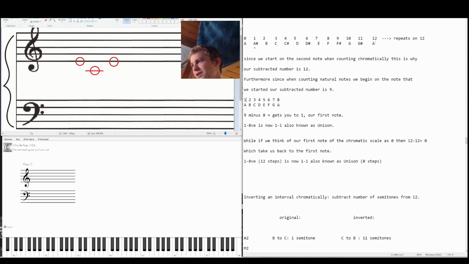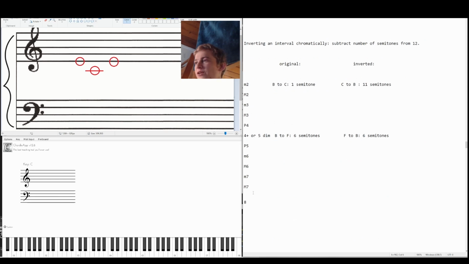As you can see, 12 is A, so we do 12 minus 12, that's going to take us back to the 0. So calling this 0 and calling this 12 is how we can make sense of this. So our octave, which was 12 steps, is now our unison, which is 0 steps.